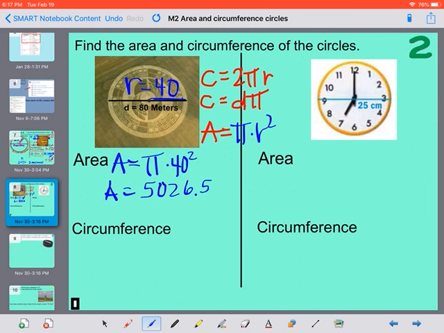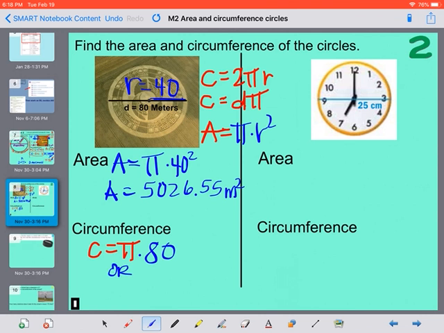5 if we round to the nearest hundredth, 2 decimals. And we could put meters squared because we're talking about an area. Our circumference is diameter times pi, or pi diameter. So we can push the pi button and then plug in our diameter, which is 80.